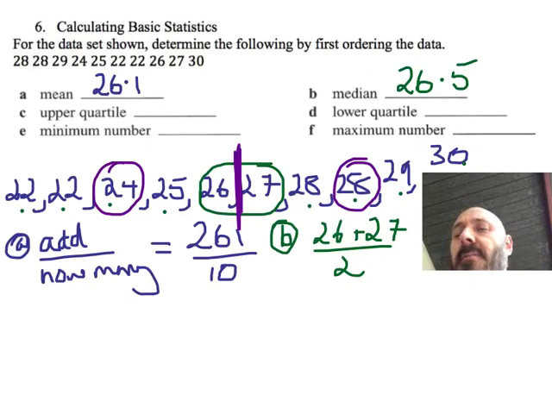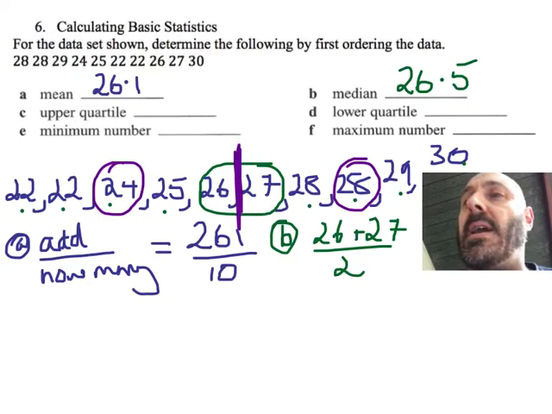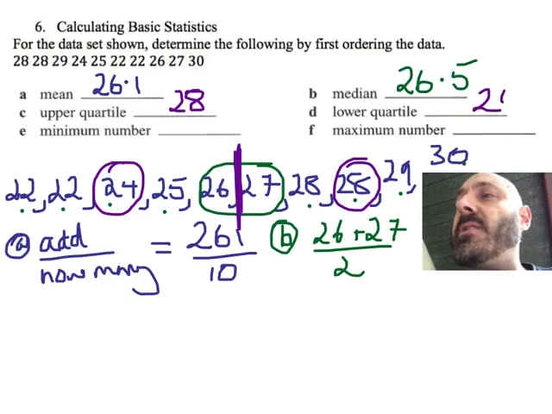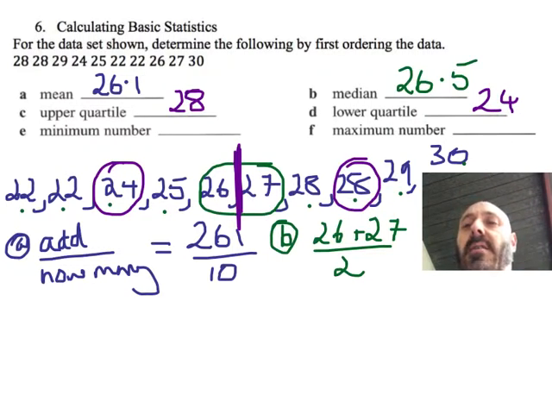So if you have an odd number, you might have to find the average to work out the quartiles. The upper quartile here is 28, and the lower quartile is 24. So you just need to know that. We find the middle is the median, and then to work out the quartiles, we do the middle of the lower half or the middle of the upper half.